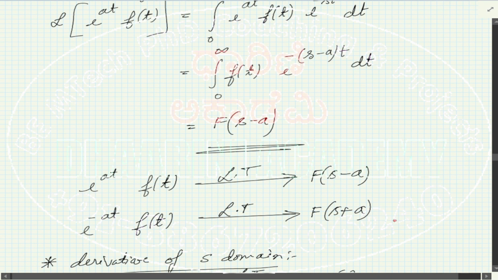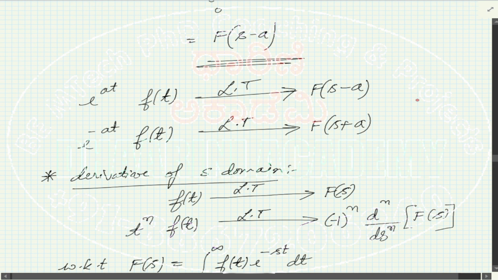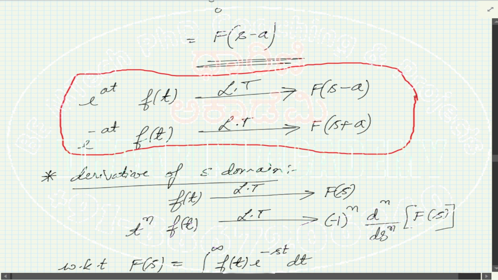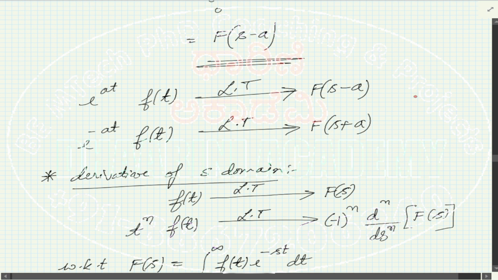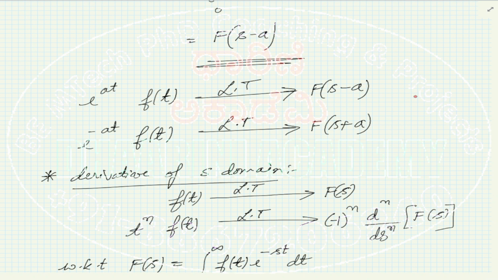So the entry that we can make in the table is like this. E to the at f of t has f of s minus a on the right side. Similarly, e to the minus at f of t has Laplace F of s plus a. Yes, this is called the s domain shift.